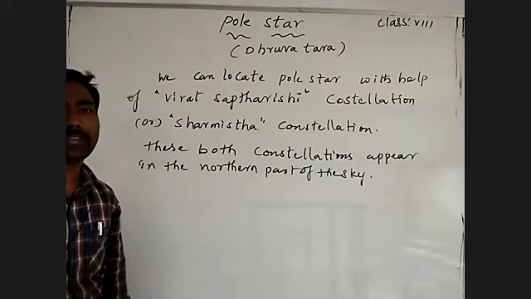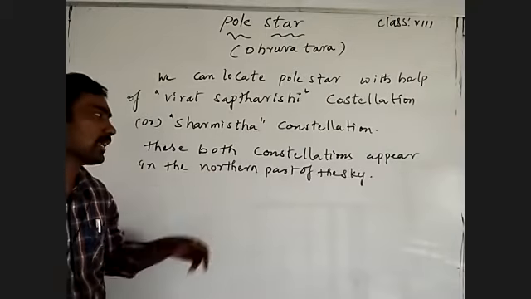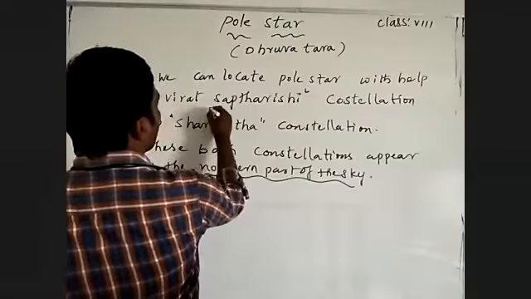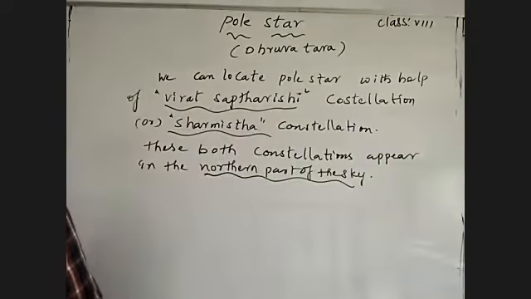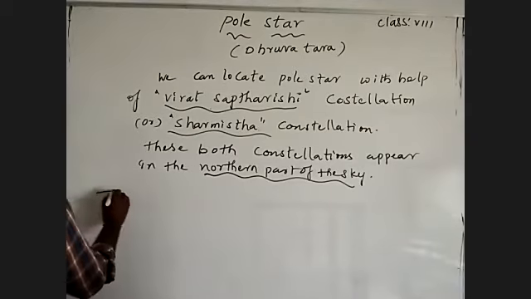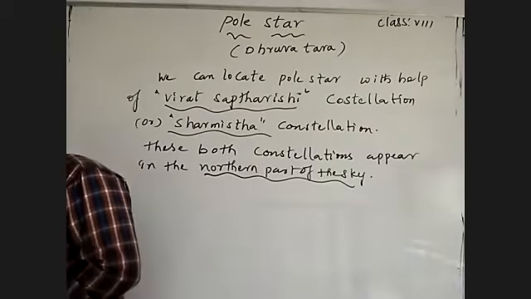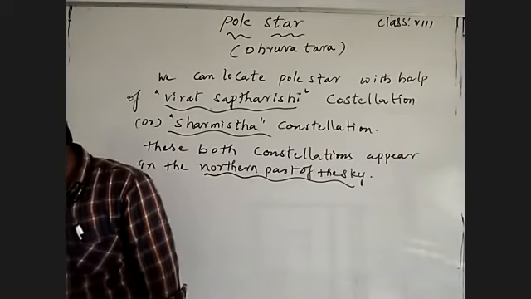How to identify those? Where are those two constellations? In the northern part of the sky. How is it possible to look at those? During the summertime, in the earlier part of the night.